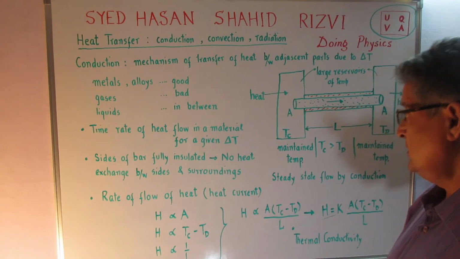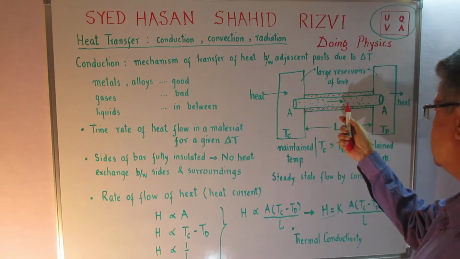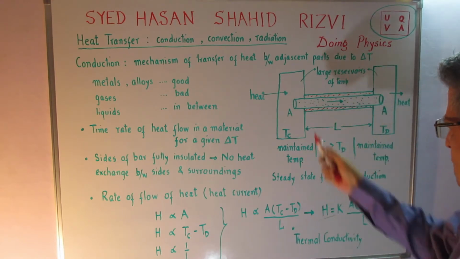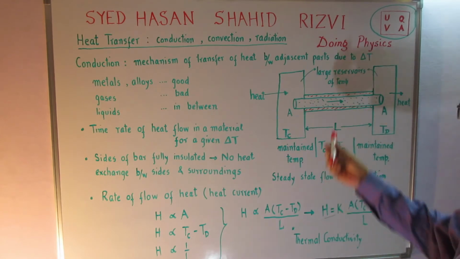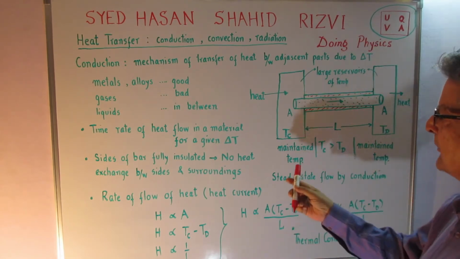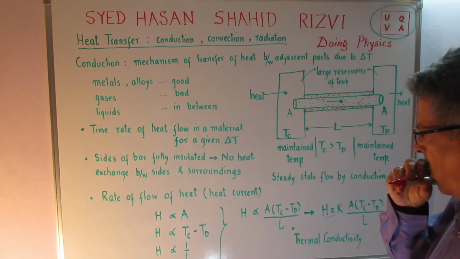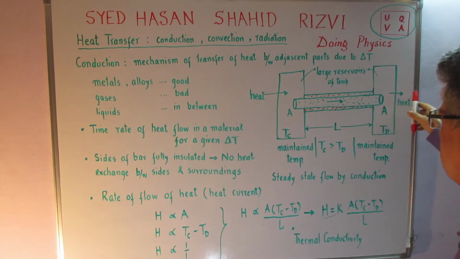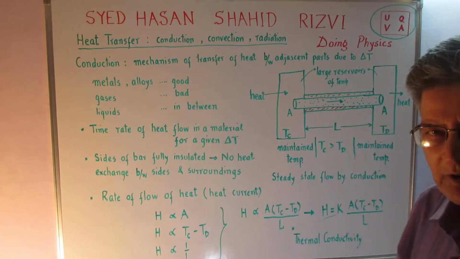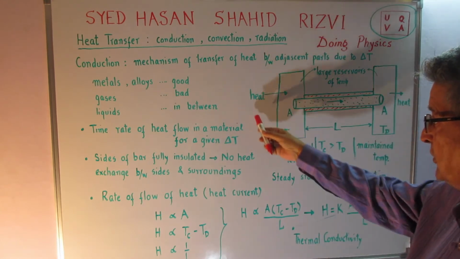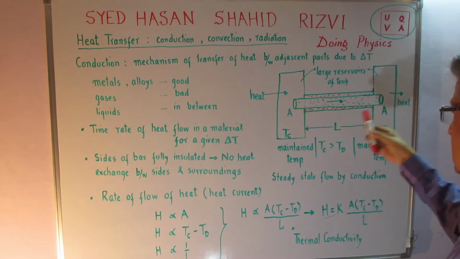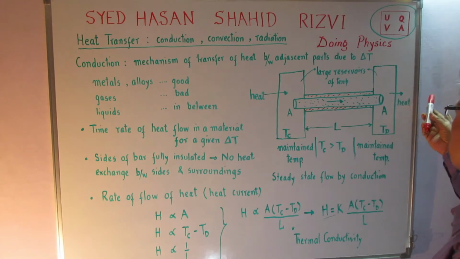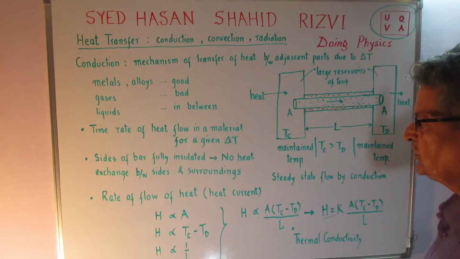To maintain the temperature, because the heat will be transferred from this end to the other end through this length L, through this area of cross section A, and the material will also matter, you have to continually supply heat over here, and there should be an arrangement that the heat goes out of the reservoir. How much heat? The same amount which enters over here, the same amount after transfer from this end to the other end of the rod under consideration, and then it is given out to the surroundings.